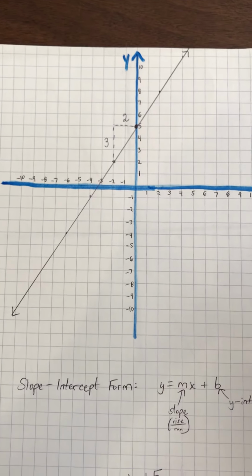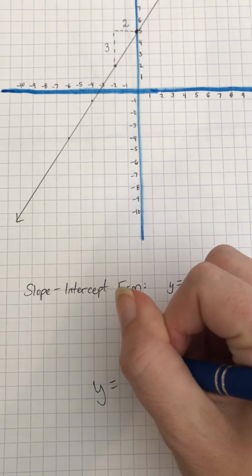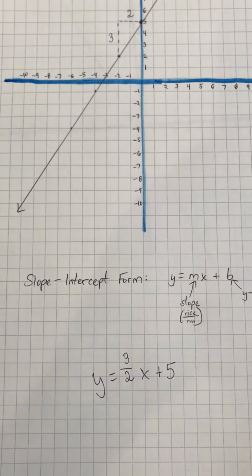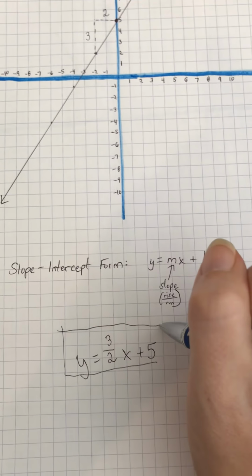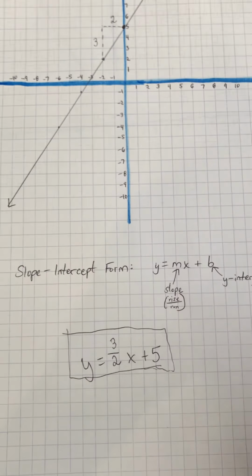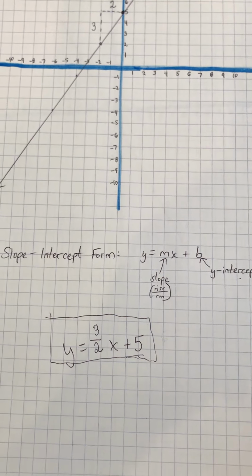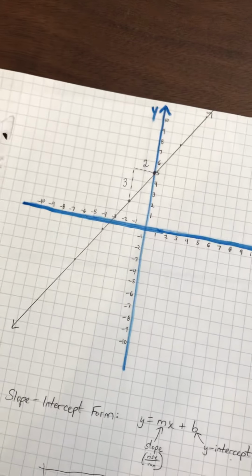It just so happens that 3 over 2 is not a fraction that can be reduced. So we can just go ahead and write that as our slope, and we are done with that equation. Now, if that were a fraction that can be reduced, if 3 and 2 had any common factors, then you would want to go ahead and reduce that fraction. But in this case, that's as simple as it can get.